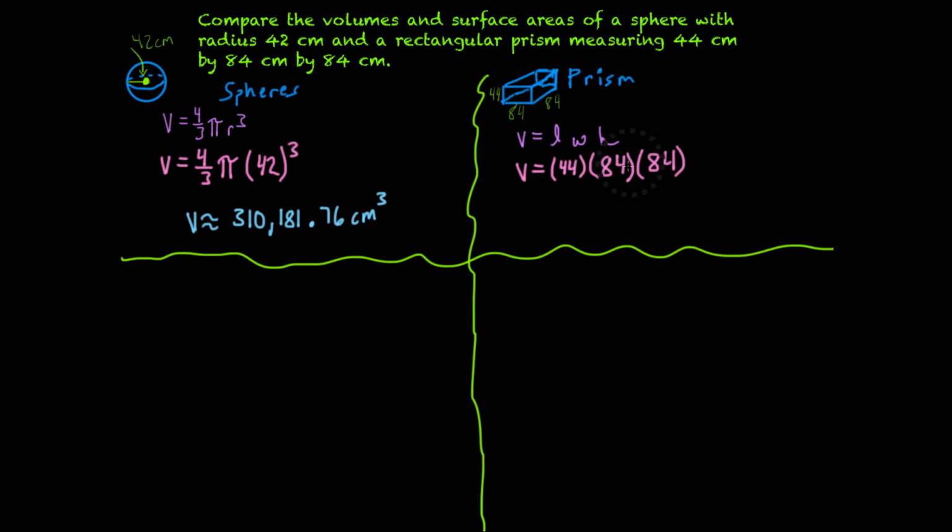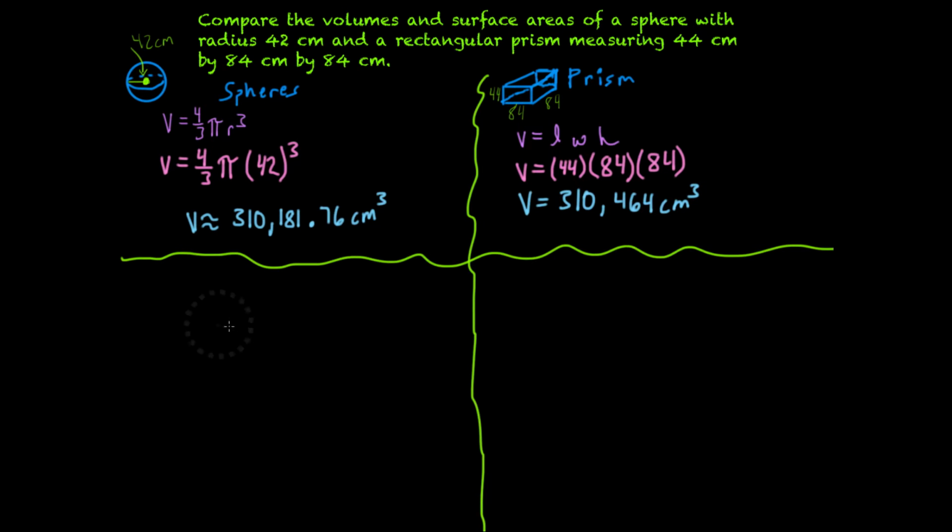And in this problem, you just multiply straight through. Actually, you could multiply in any order to get your final answer, and that's what I'm going to do. Alright, and let's write that down over here. The volume is equal to 310,464, and I'm going to write centimeters cubed.